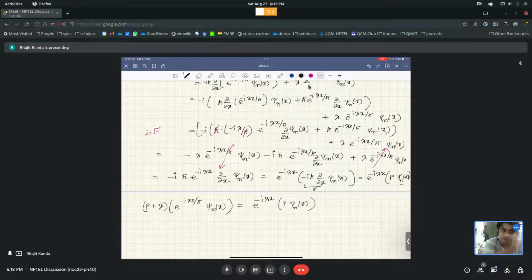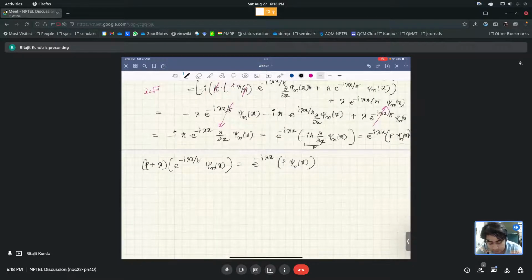This is all right. If at any point you have any doubts, you can ask me. So now I know what this p plus lambda operator does to my modified wave function.